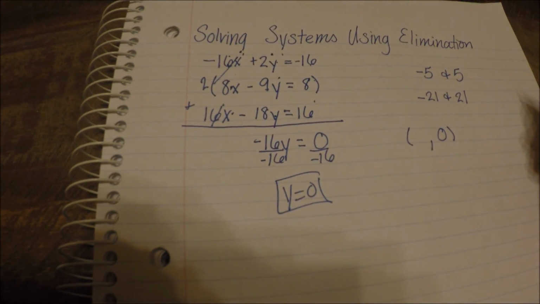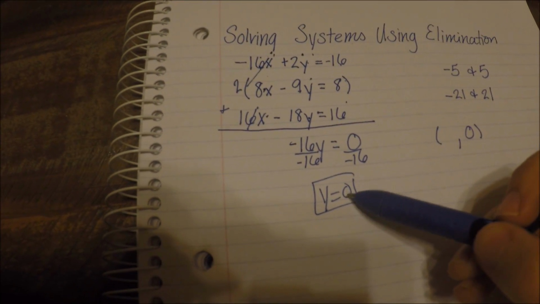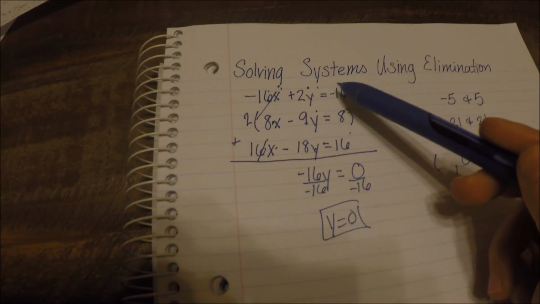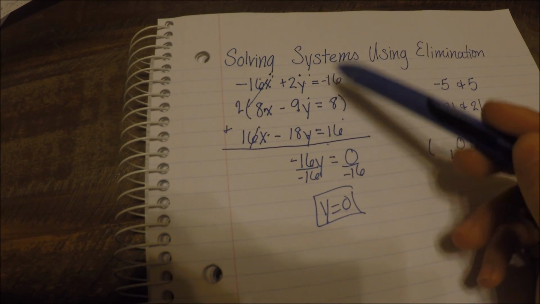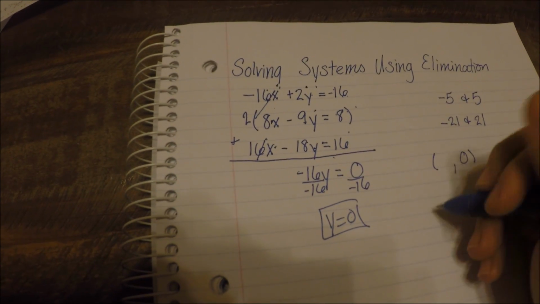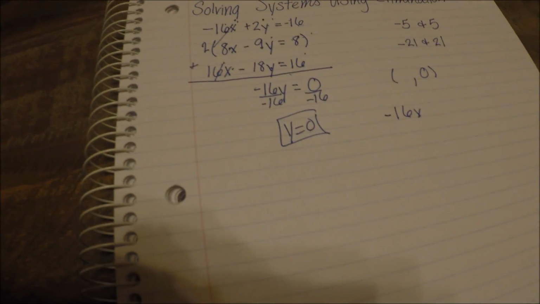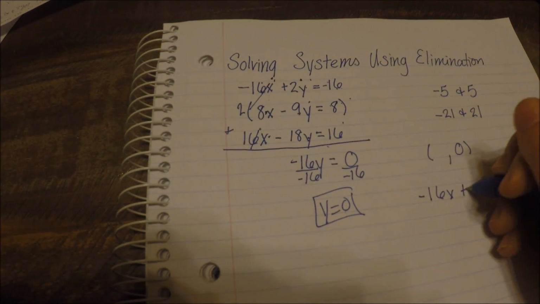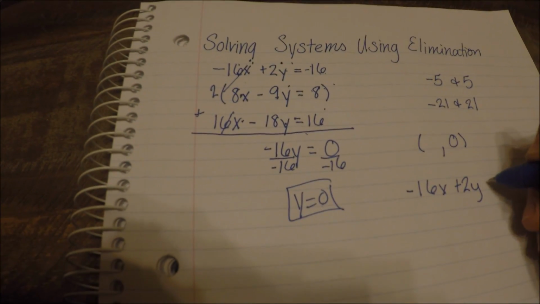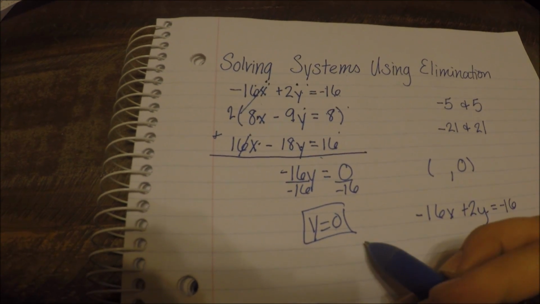Now, to get the x value, very similar to substitution, we're going to plug this y value back in to get x. You can choose any of these three equations to do that. I'm just going to go ahead and choose the top one. So we start off with negative 16x plus 2y equals negative 16. Instead of saying y, we're going to say 0 now.